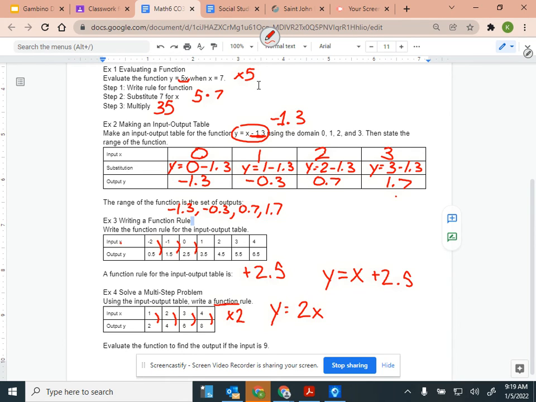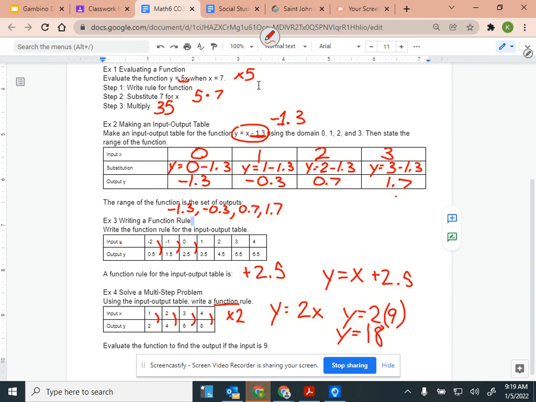Because it's multiplied with 8. 9 times 2 is... Yeah, we don't have to fill in the table all the way up to 9 because we know that function rule. We can substitute that 9 for the x right there. And then we can say y equals 18 because 2 times 9 equals 18.